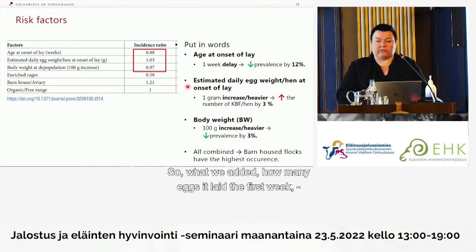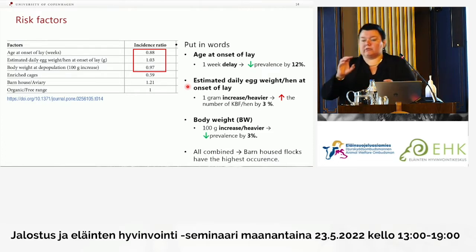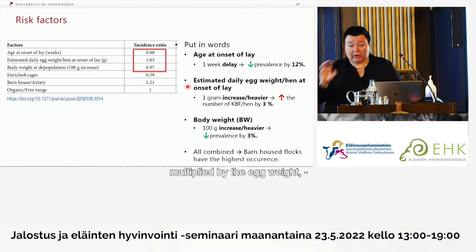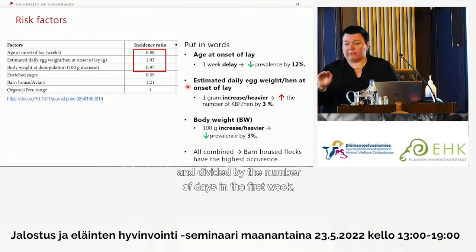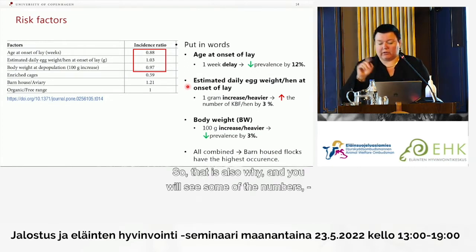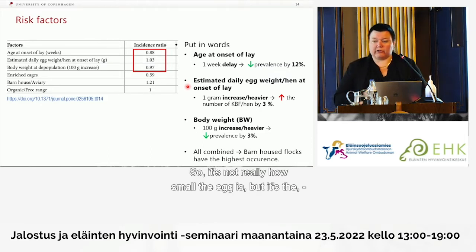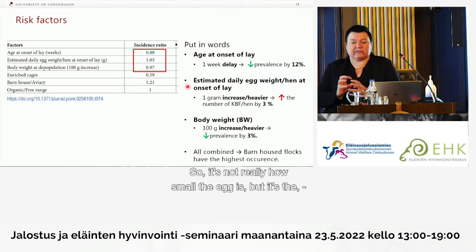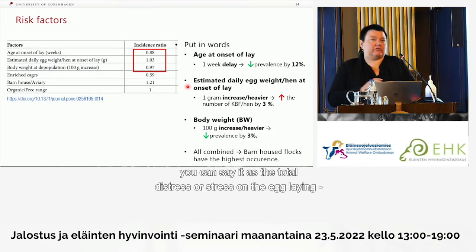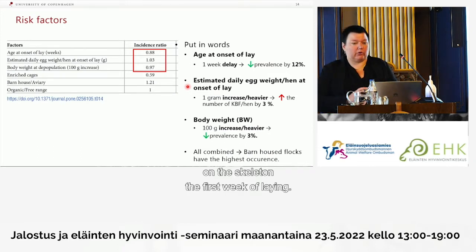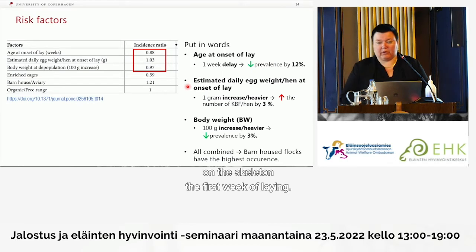So what we did was take how many eggs it laid the first week, multiply it by the egg weight and divide by the number of days in the first week. That is also why you will see some of the numbers are quite low later on. So it's not really how small the egg is, but you can say it is the total stress of egg laying on the skeleton in the first week of lay.